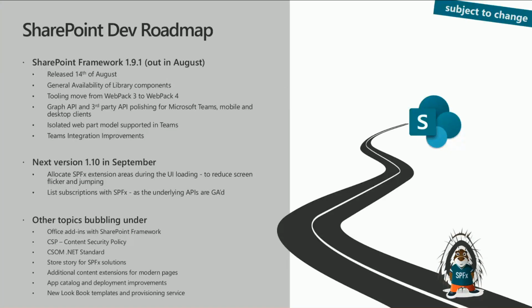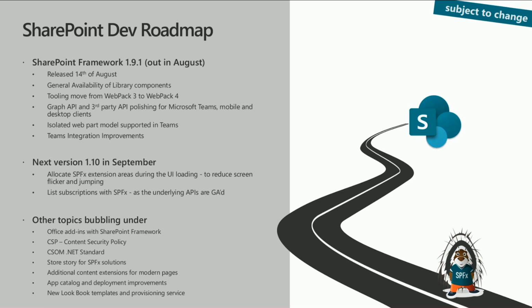Moreover, there are some other topics bubbling and under development, like, for example, the capability to use SharePoint Framework to create not only solutions for SharePoint Online, but also for building Office add-ins, as well as there will be content security policies.